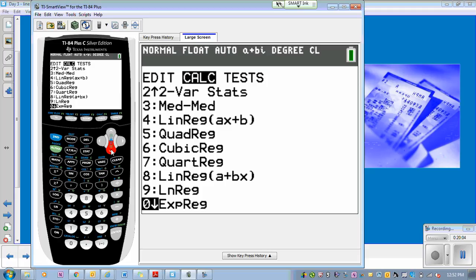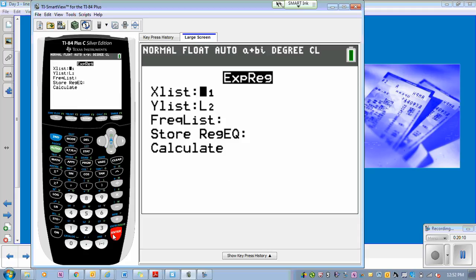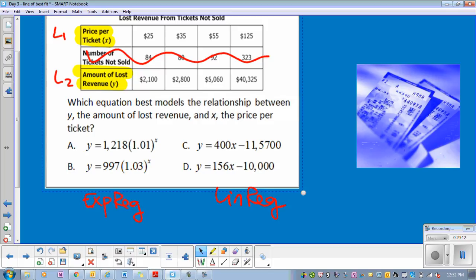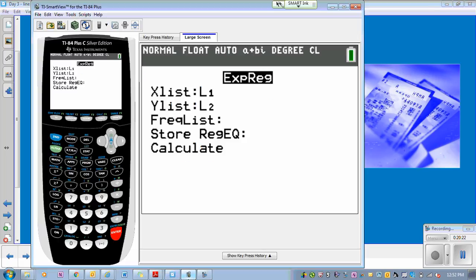Look for whether they put X, Y; there's no X or Y with it, it's just extra information. When you hit 0 for exponential reg, you may see this. Just keep hitting enter until you get to calculate.